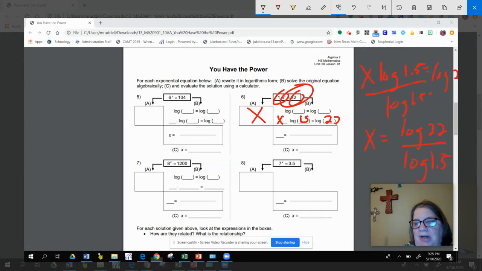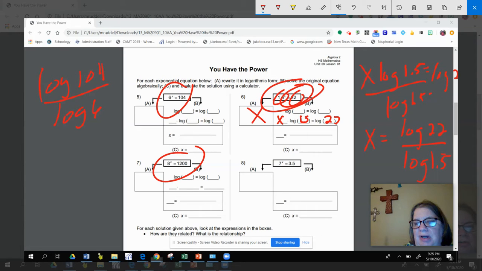Use your calculator, round it to whatever place it tells you. Okay, so you're seeing a pattern here. We did log 104 divided by log 6. Here we did log 22 divided by log 1.5.